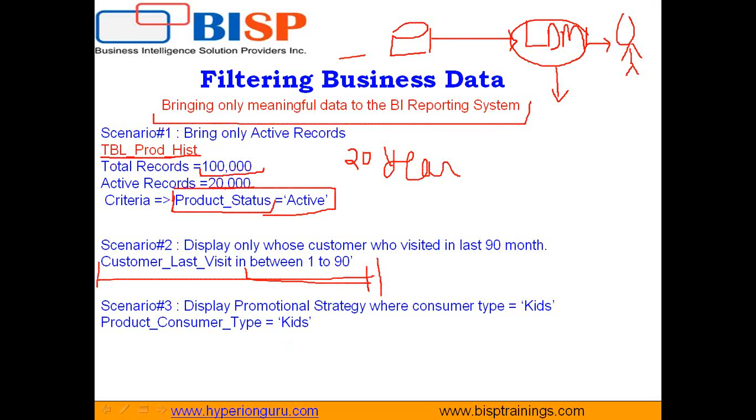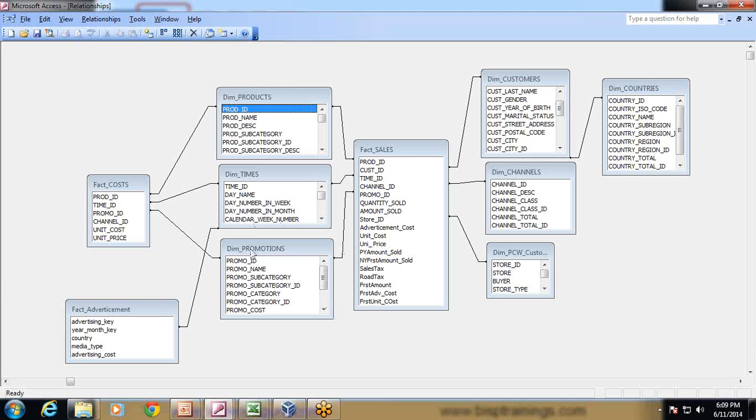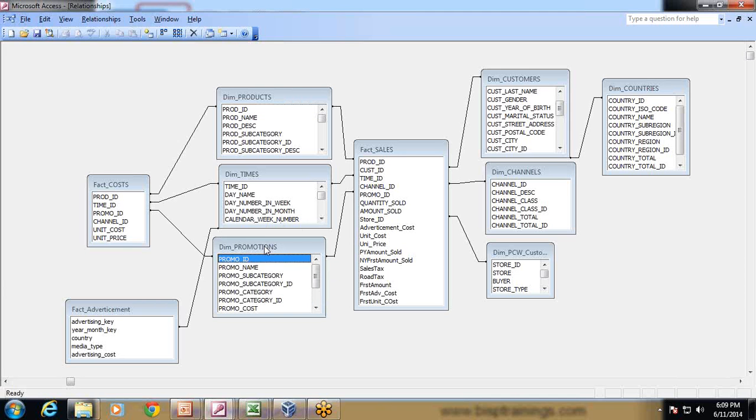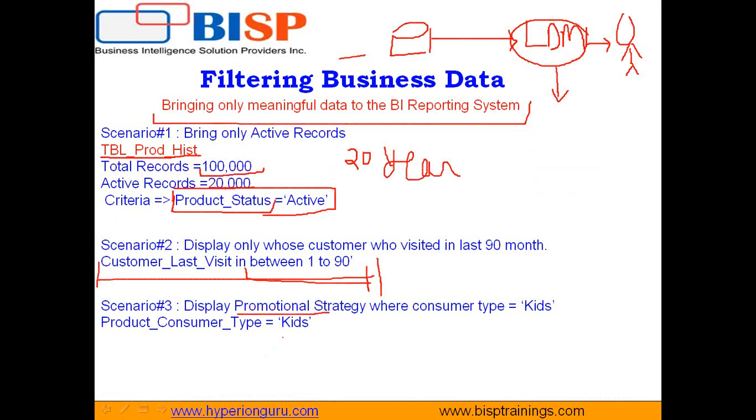Let's see another scenario. You may also like to decide your promotional strategies. We have a dimension table over here, dimension promotions, which talks about different kinds of promotions related to my products. So we have different kinds of promotion strategies. We would like to tune our promotion strategies depending upon some criteria.